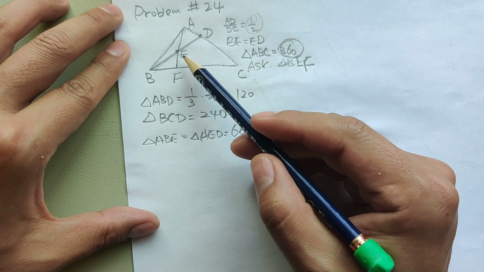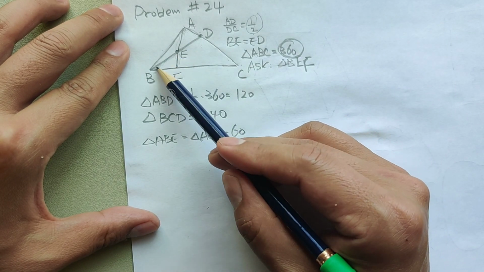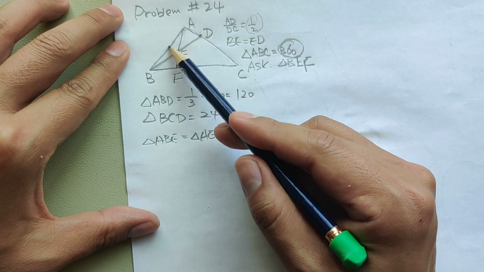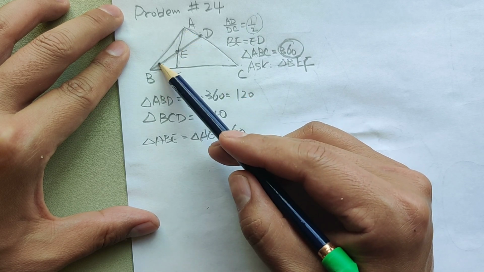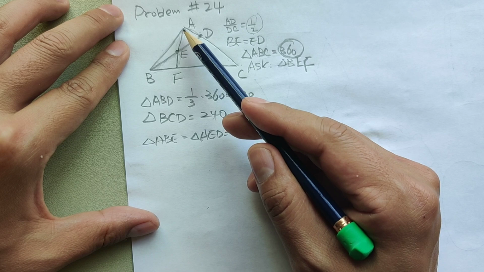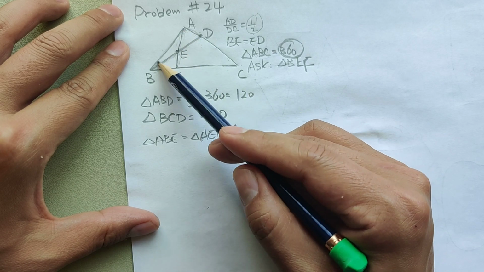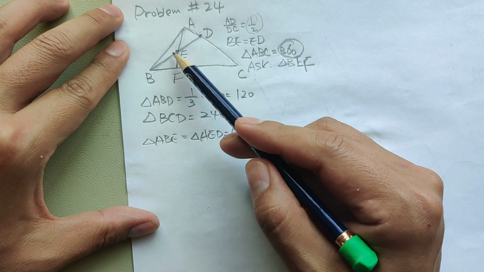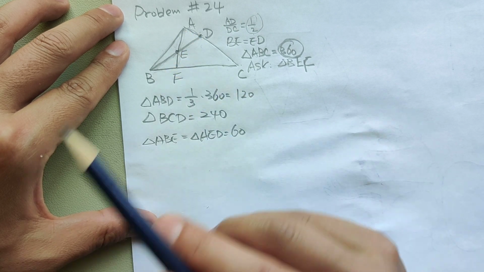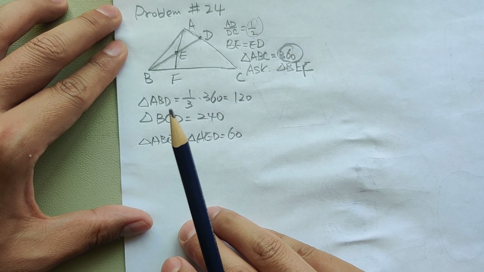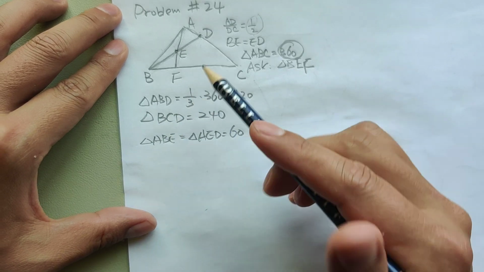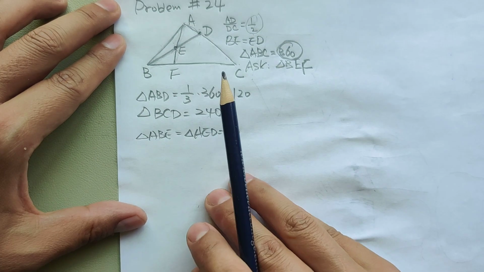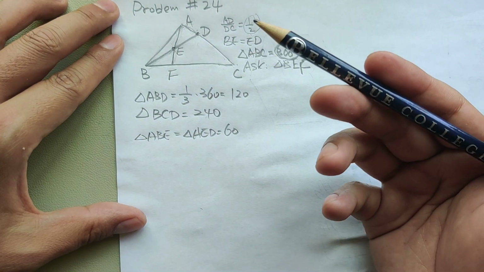Now, when you think about it, how are you going to get this? Well, I already know ABE, which is 60. And if I can find out ABF, I can just minus 60, I'll get BEF. So, I want to think how I can get ABF. How?